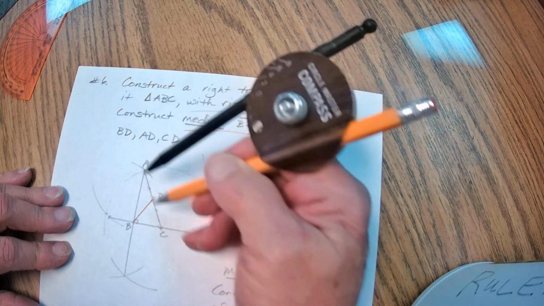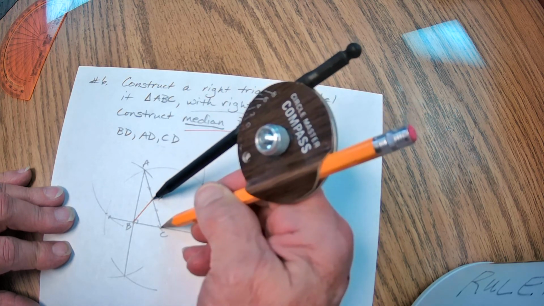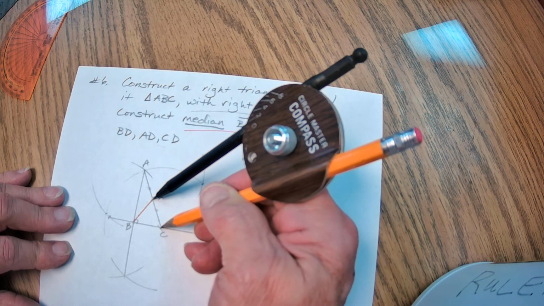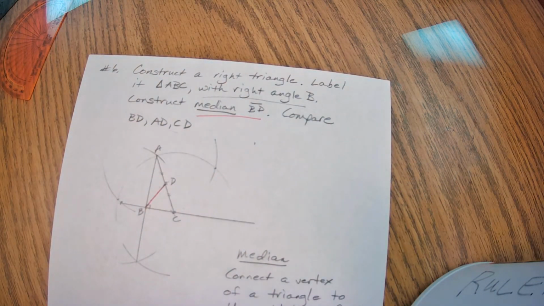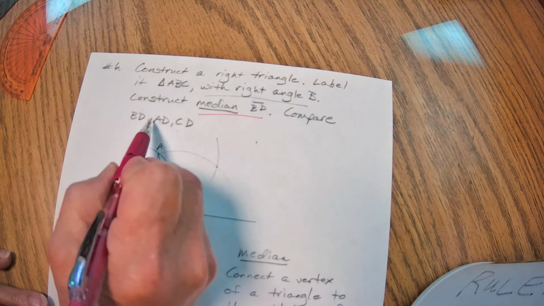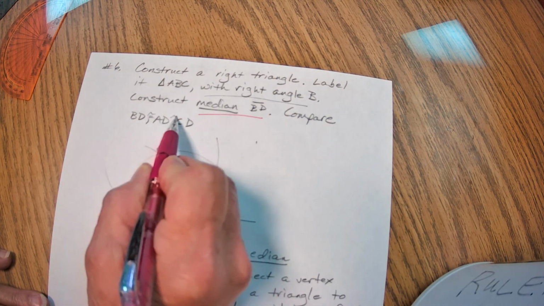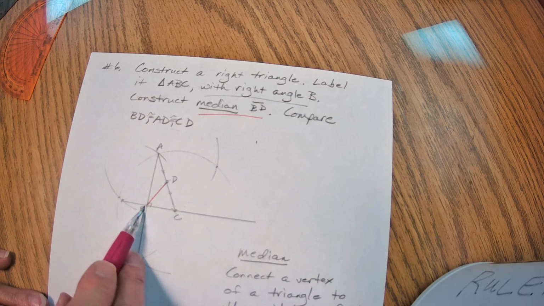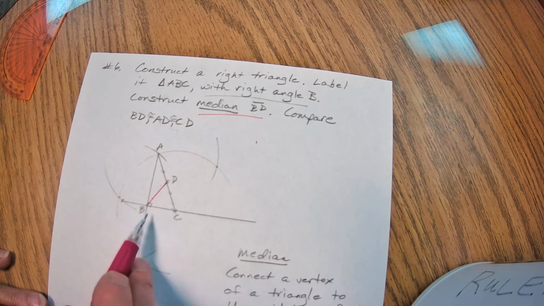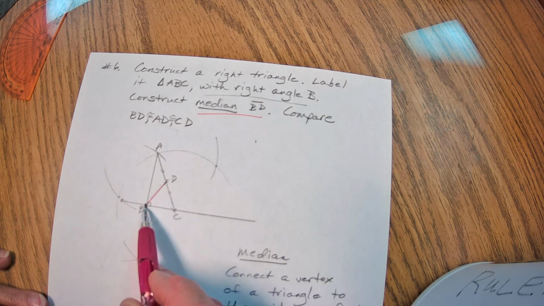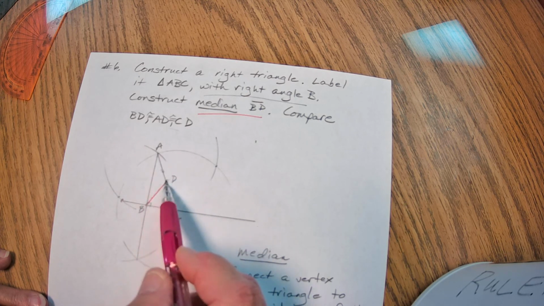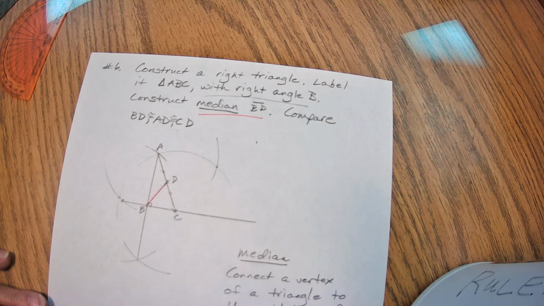AD is the same, and CD is the same. Okay, so then it says, what do you notice? Well, don't we notice that these are all congruent? So apparently, if you construct the median in a right triangle from the right angle to the opposite side, that median will be the same length as the two halves of the opposite side.